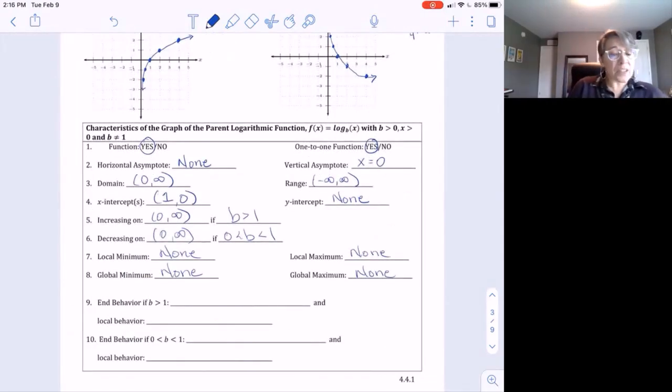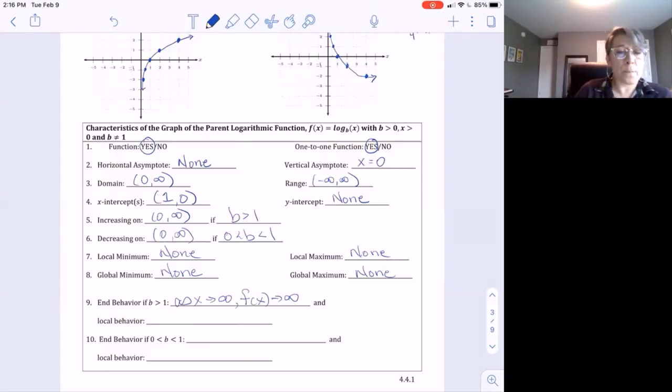So in number 9, it's talking about the end behavior if b is larger than 1. So we're looking at the graph on the left, part A. If it's greater than 1, the end behavior as x is approaching positive infinity, our f of x is approaching infinity. Now it's slower, it's not like an exponential, but it is still creeping upwards.